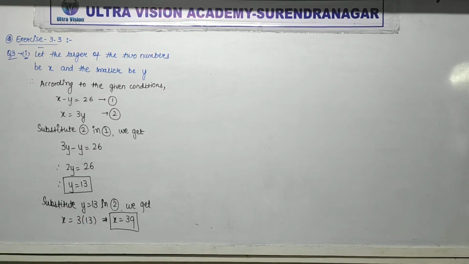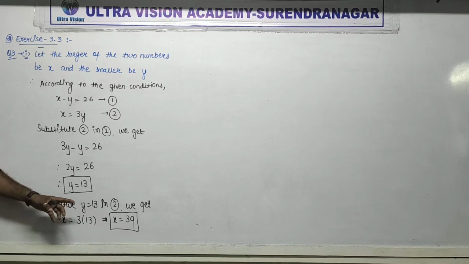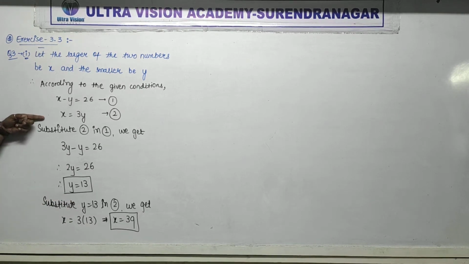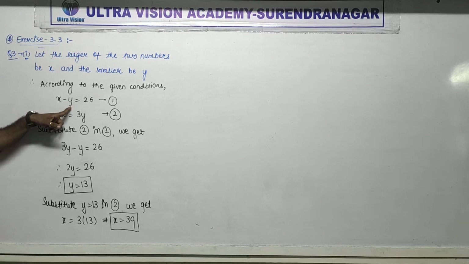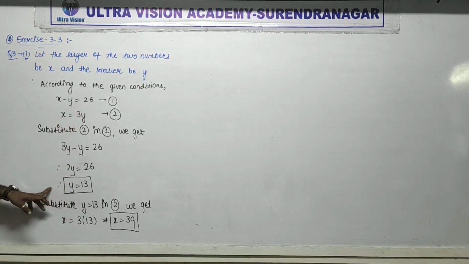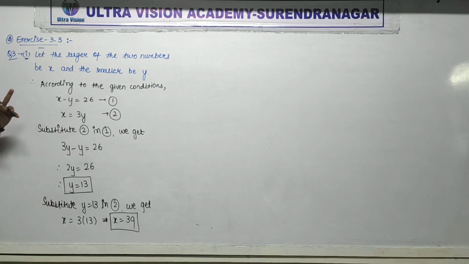X equals 39. You can simply check by replacing this x and y in one and two. Replace here 39 minus 13, that is 26. Are you getting 39 minus 13 is 26? Yes. Is 39 equal to 3 into 13? 13 times 3 is 39.